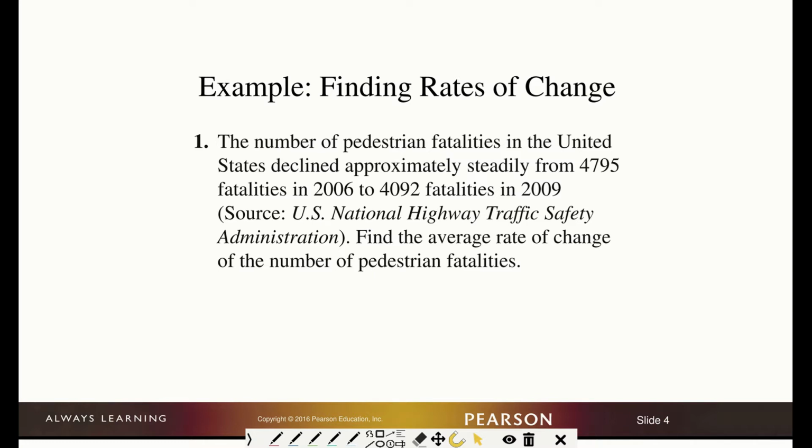So if we were looking at a situation using the standard variables, x would be the explanatory variable and y would be the response variable. In this case, we're going to represent the horizontal axis using t for time or the year, and y, the response variable, will be n, which will be the number of fatalities.